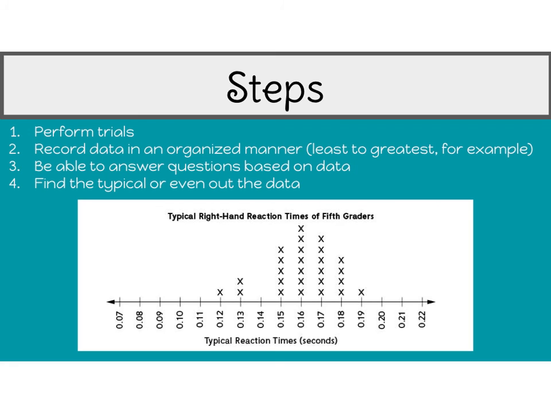We evened out that data by adding all of the data points together and dividing by the number of data points. So this would be an example of a data set from typical right-hand reaction times of 5th graders. So this is similar to what I would like for you to do. Organizing your data, putting it in a line plot, and then answering questions based on that information.